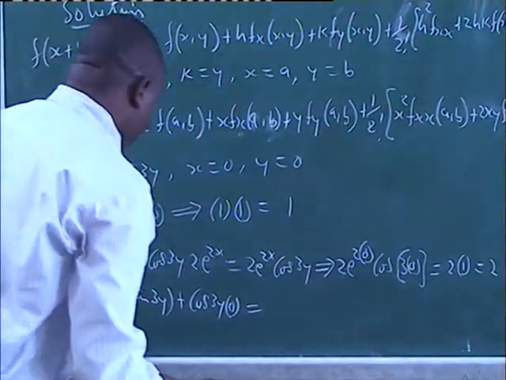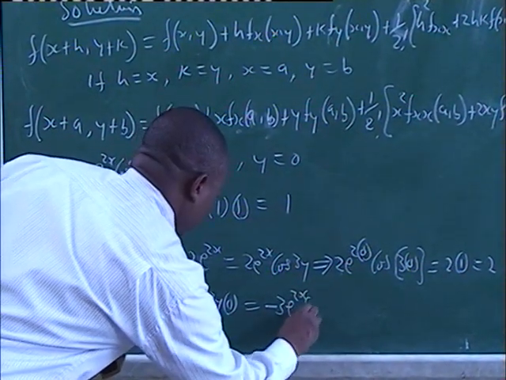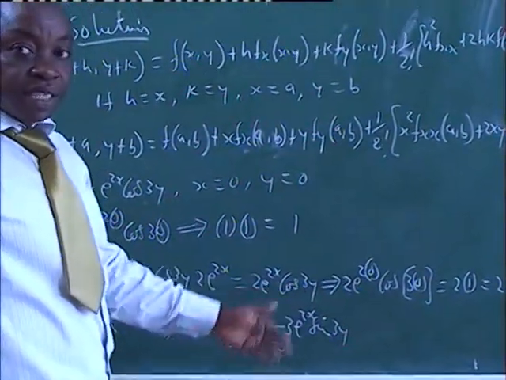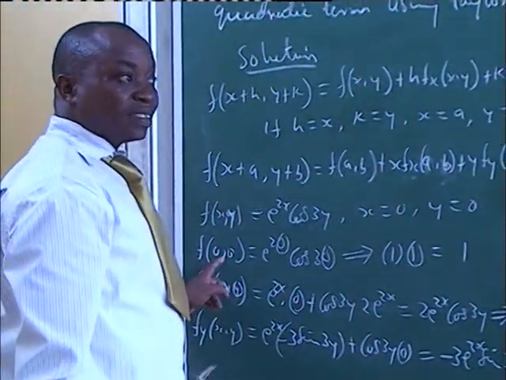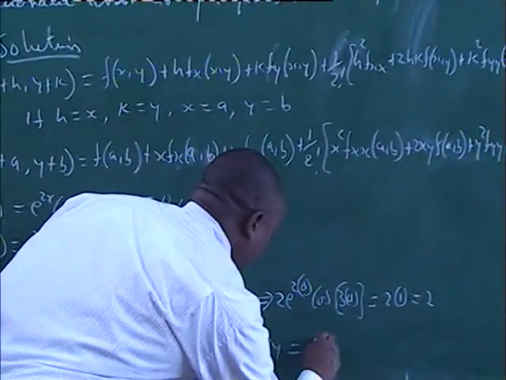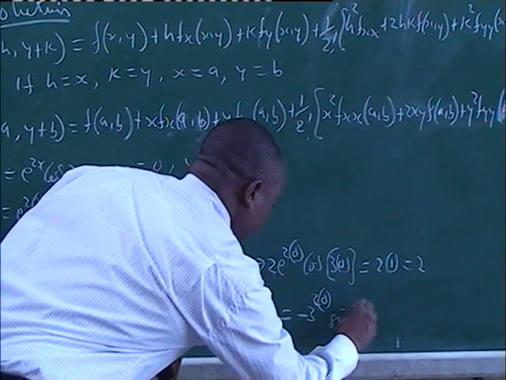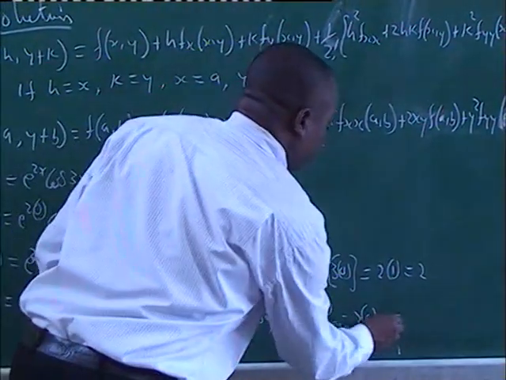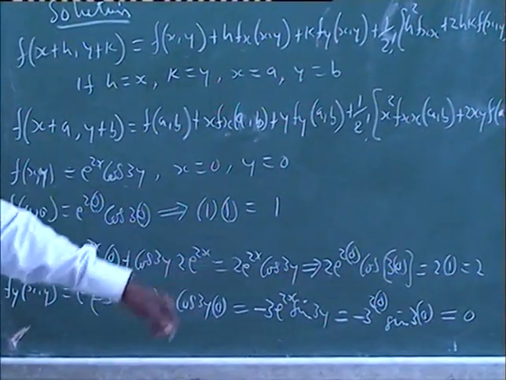So what we have is minus 3 exponential 2x sine 3y. Now at the point where x and y are 0, this is minus 3 times exponential 2 times 0 times sine 3 times 0. Everything becomes 0, so at that point it is 0.